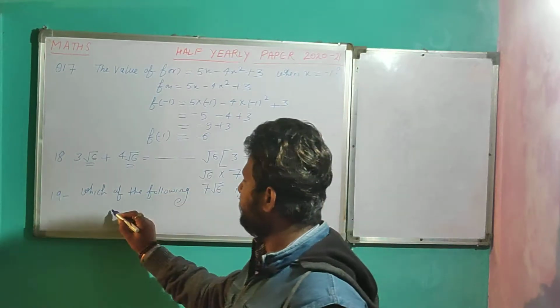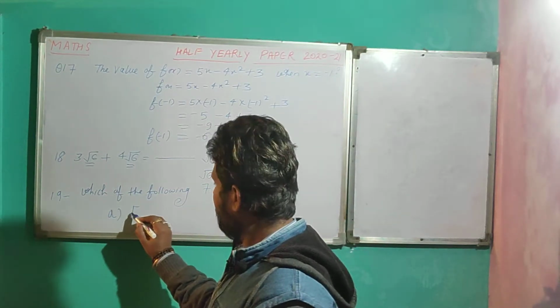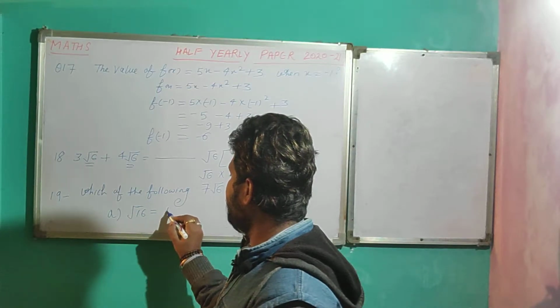Okay, options are A, root 16, which can be written as 4.